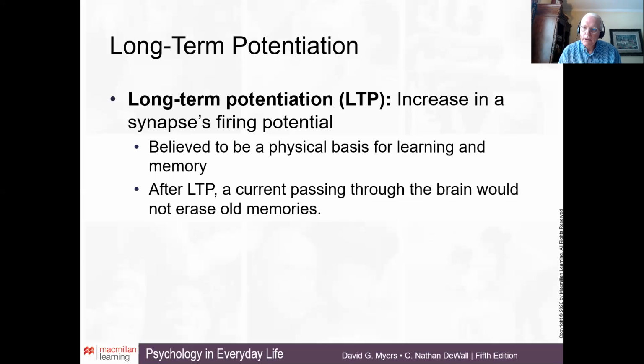If you disrupt the process with an electric current before the long-term potentiation has taken place. But if you wait a while once an organism has learned something new and you shock their brain, they can still remember it because it happened after long-term potentiation took place.